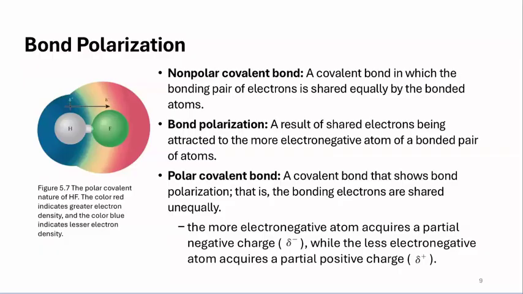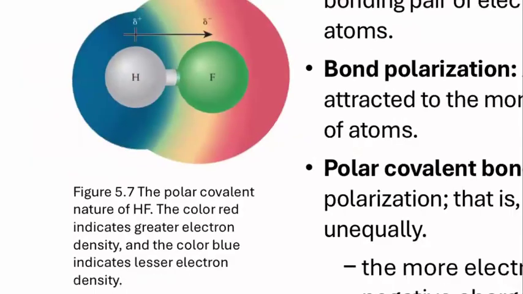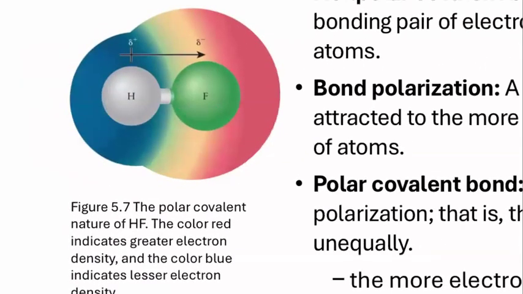To look at bond polarization, let's look at figure 5.7. I'm zooming in on the left side of the slide. Here we have a molecule that is HF, hydrogen monofluoride.